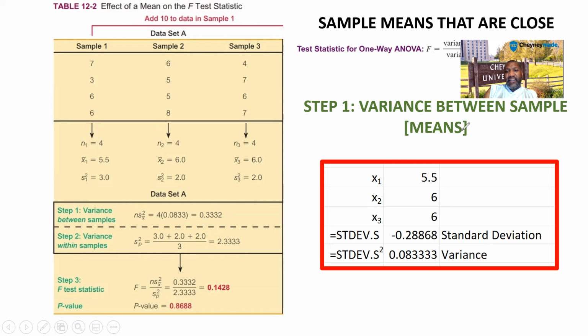I keep forgetting that 0.08333 is the same 0.0833 that we have there. Multiply it by the 4, which just lets us know how big our sample is. And that gives us the variance between samples, or what I would like to call it, the variance between sample means.